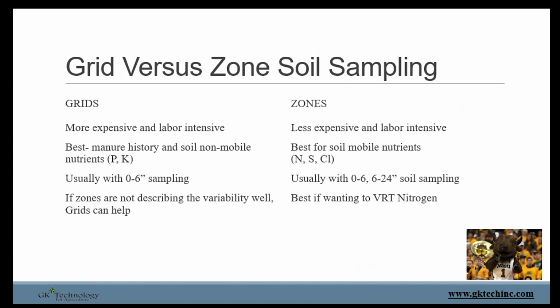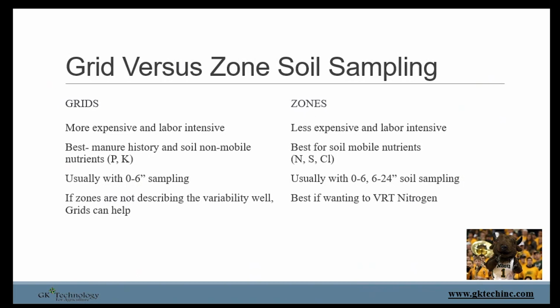Also, grids explain the non-mobile soil nutrients much better than the mobile nutrients. Your non-mobile nutrients being things like phosphorus, potassium, or soil parameters like soil pH. It'll describe those things quite well. Zones, on the other hand, handle nitrogen testing better, and sulfur.